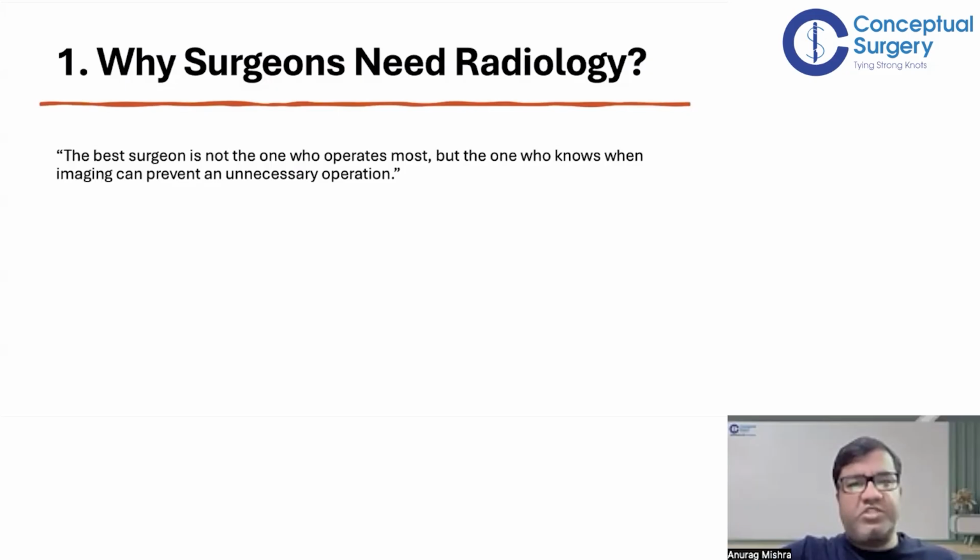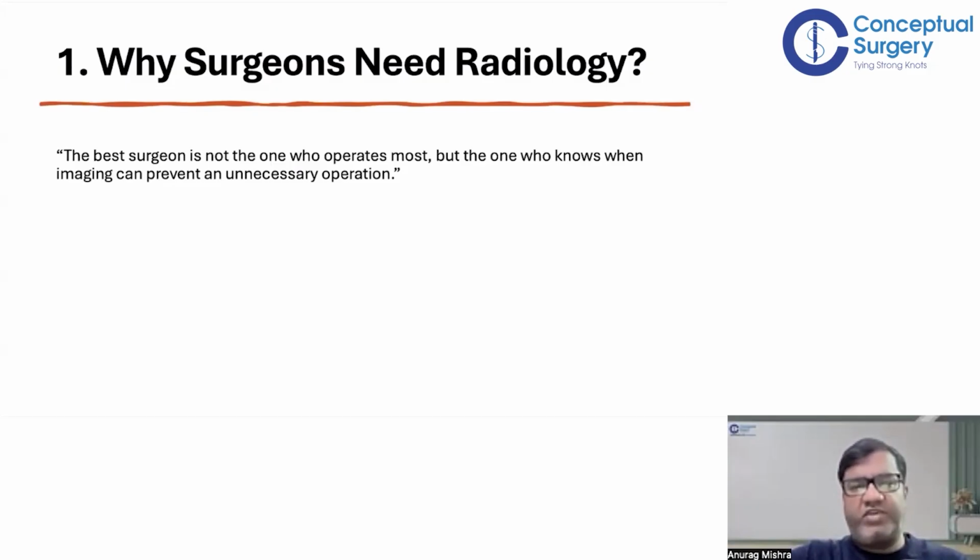So a best surgeon is not one who operates the most. Our teacher used to say that there are three generations or three types of surgeon. In the early phase, we know what surgery is to be done and how it is to be done. These surgeons are very enthusiastic about doing surgeries, and the number of surgeries matters a lot.